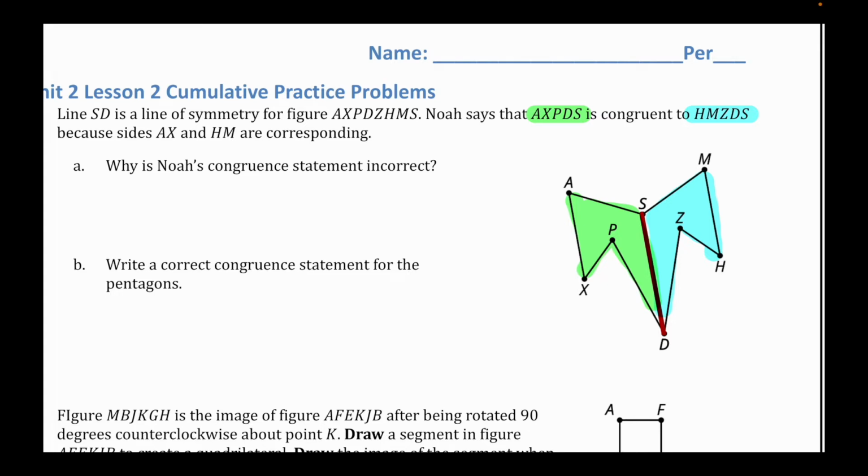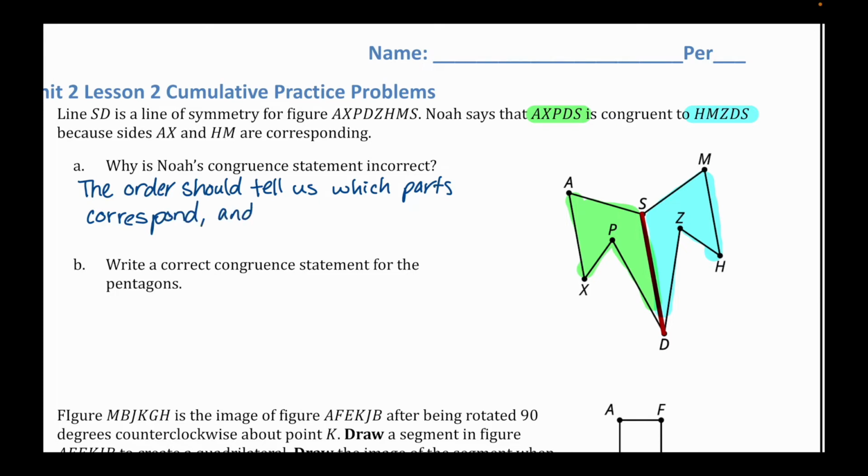So this congruent statement is incorrect because the order should tell us which parts correspond. And so he's starting with A, and then he's starting with H, and A is our top corner and H is our bottom corner.